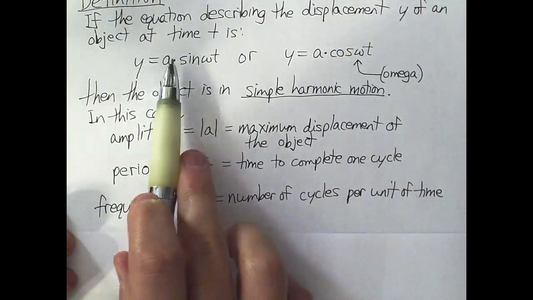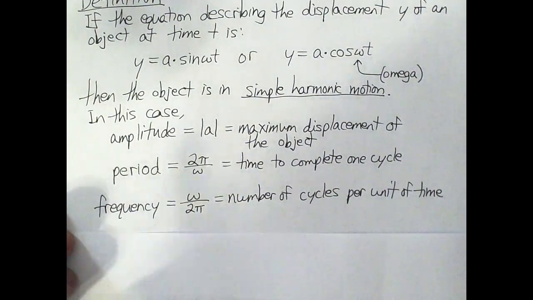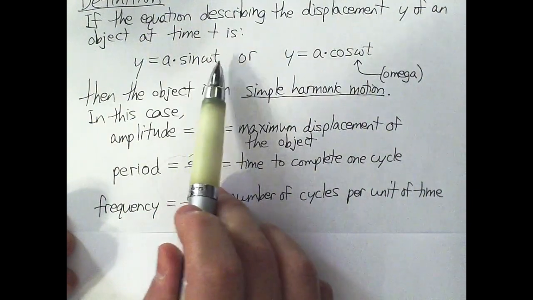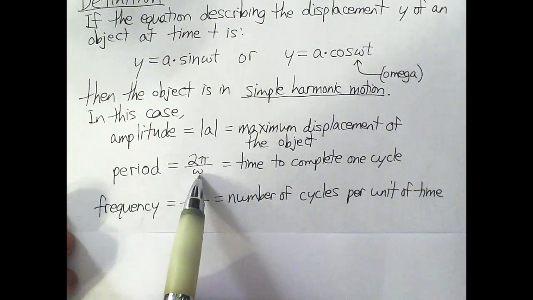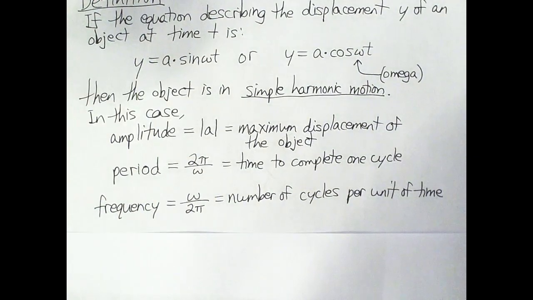If A is 0, then we don't get any kind of up and down motion. And if omega is 0, that's not going to be very interesting. 0 times t. And we'd be dividing by 0 for the period. So yeah, they're non-zero constants.